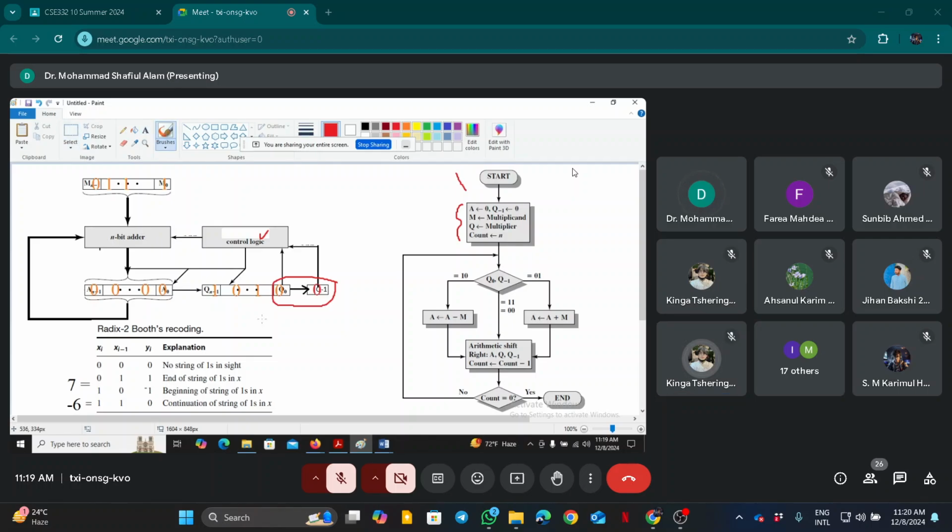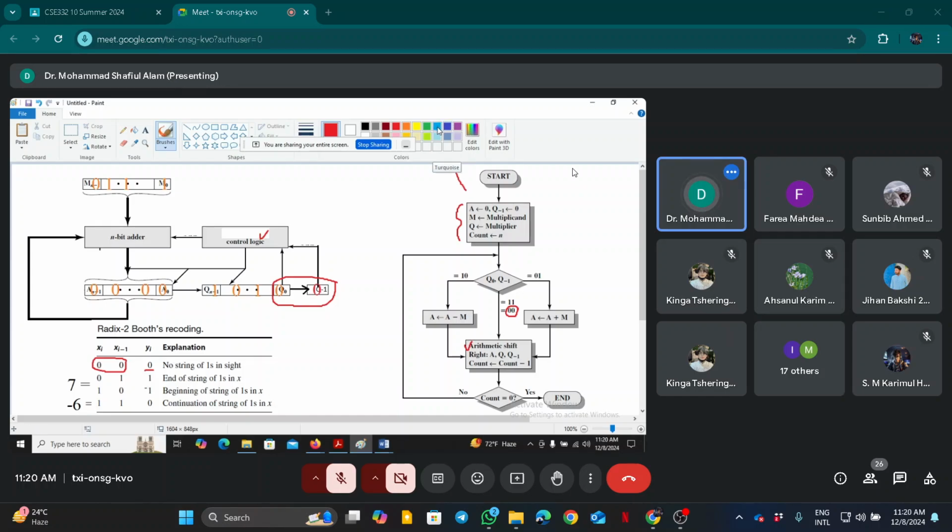When there is 0, 0, it means no strings of ones. So no addition, no subtraction. It's only arithmetic shift right, okay? In case of 0, 0, it's only arithmetic shift right.